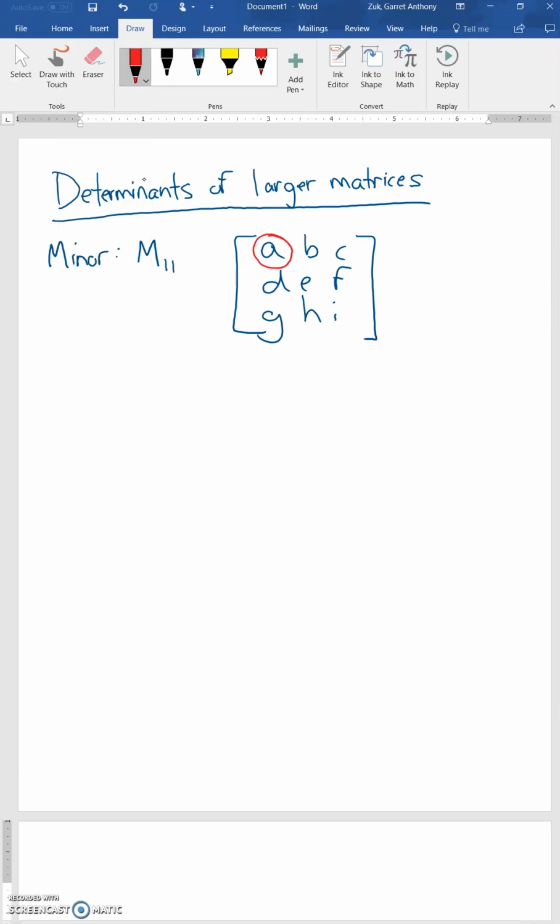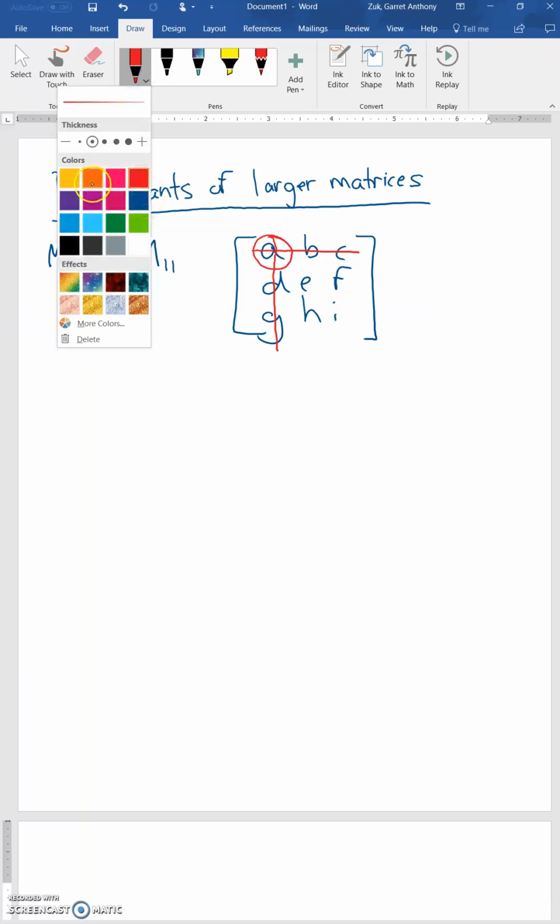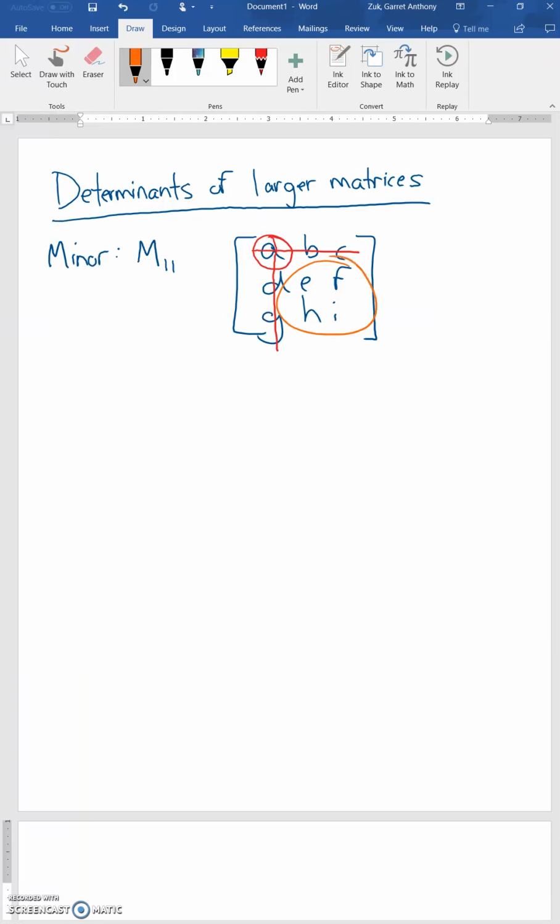And we're going to delete its column and its row, and then look at what we have left. So these 4 elements down here in the orange circle. Now, its minor is going to be the determinant of that smaller matrix.